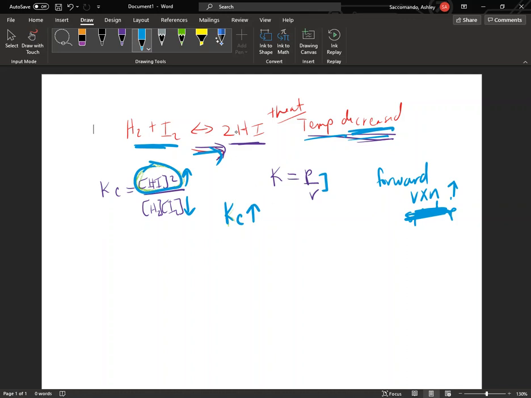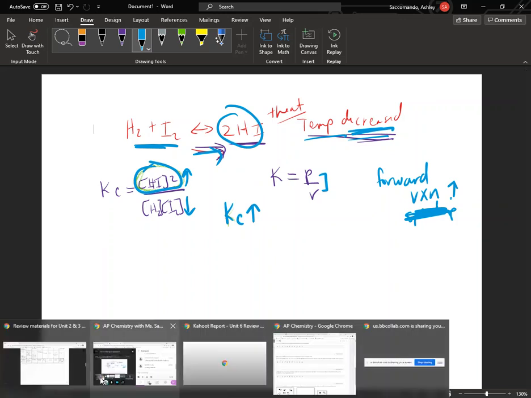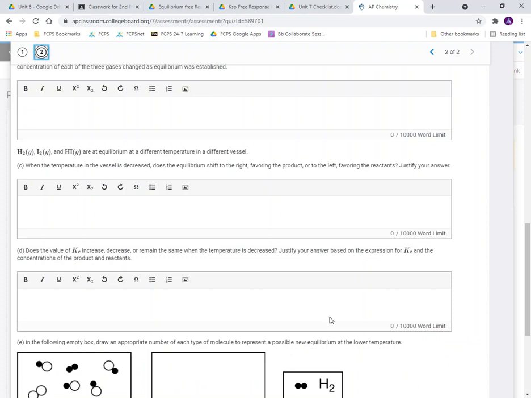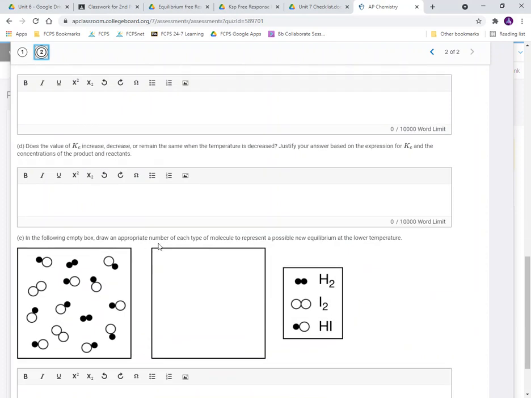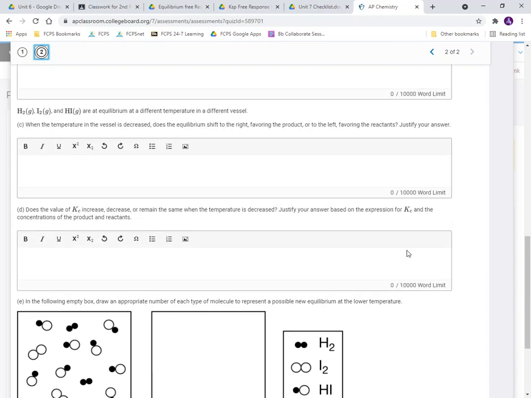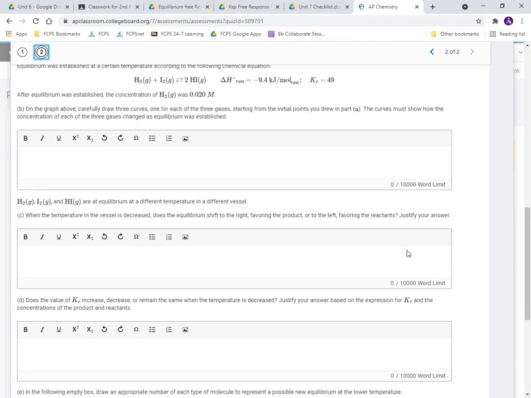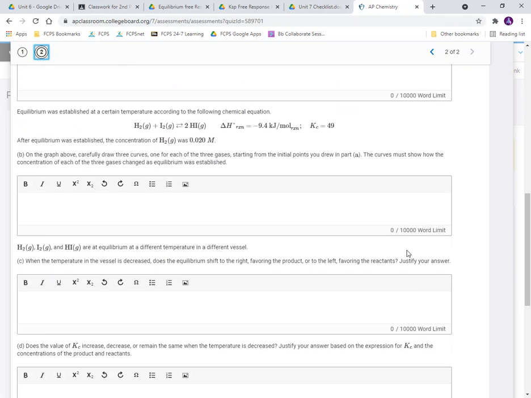And so you should have, in your drawing, more HI. Now, I don't know if there's a technical amount that you're supposed to have in there. Draw an appropriate number of each type for the possible new equilibrium at the lower temperature. Did you actually calculate the new equilibrium at the lower temperature or no?